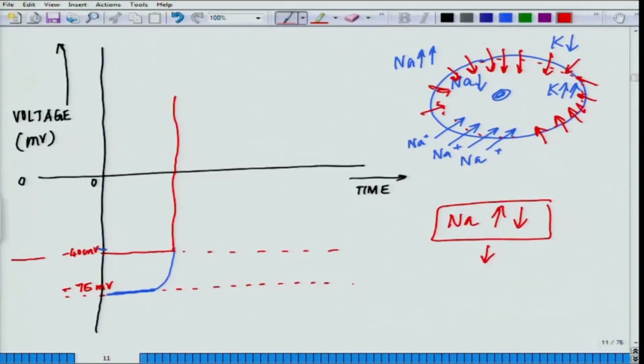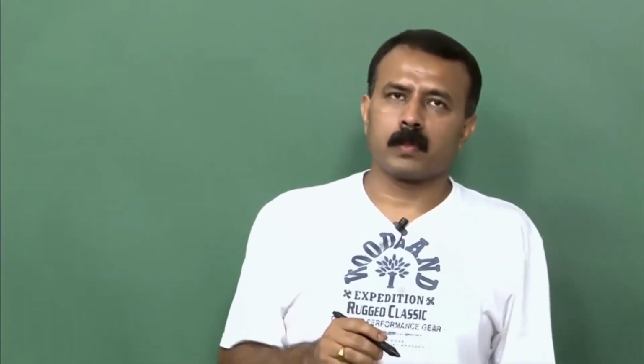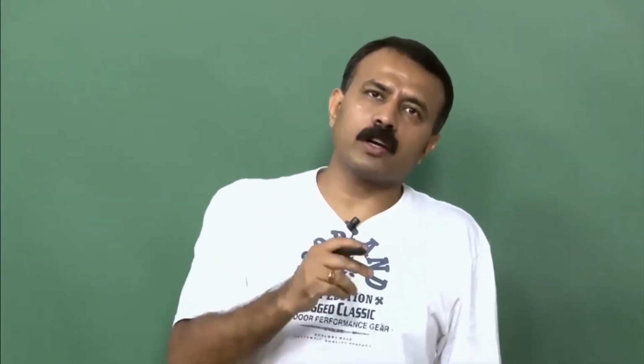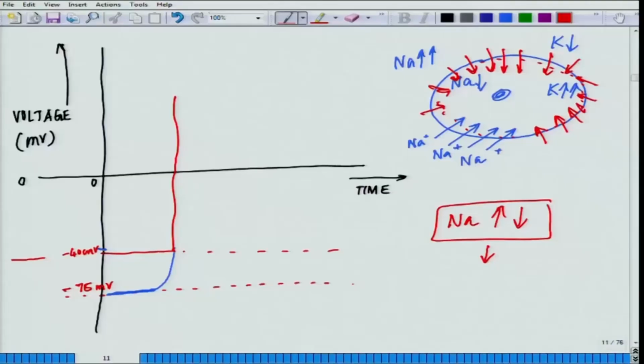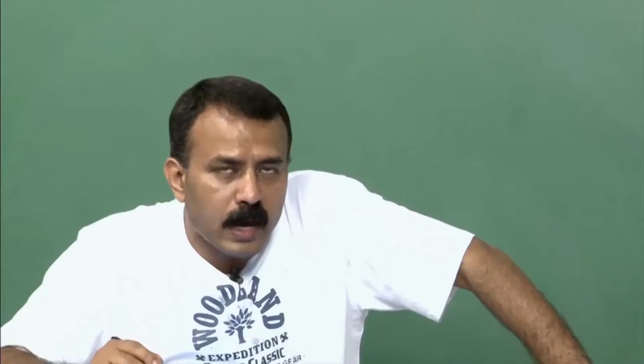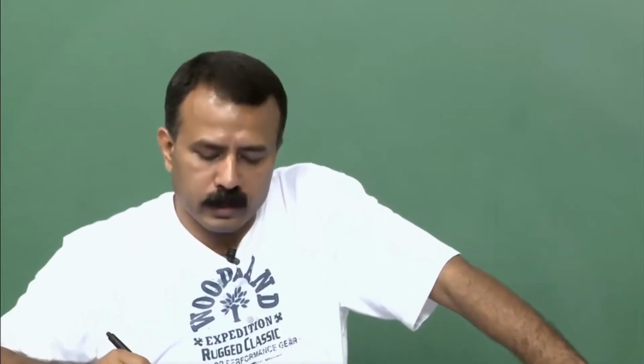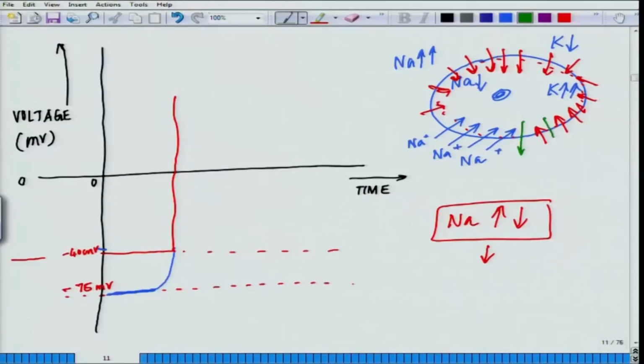But then the next thing happens, once the membrane potential becomes positive, that potential promotes another set of channels to open, which allows certain specific ions to move from inside the cell to outside the cell. That is like this, the one which I am drawing in green now.